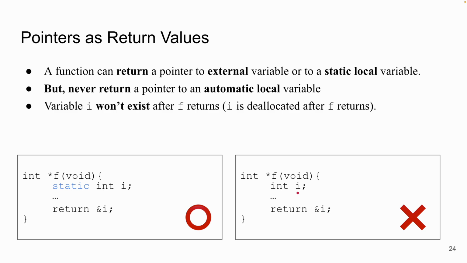The reason is that after we exit the function, this automatic local variable i will be deallocated from the computer memory. So i will disappear from memory, and we don't have the address of i in this case. That is one thing we need to pay attention to when we use a pointer as the return value.